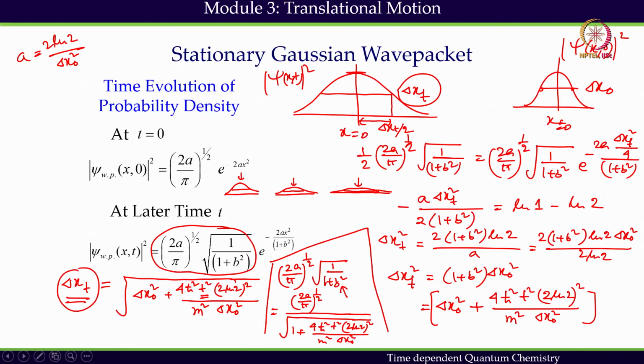What we see here is that amplitude will be inversely proportional with t and width is directly proportional with t. So, as we increase the t, amplitude will go down slowly and its width will slowly increase. So, that is the basic idea of stationary Gaussian wave packet motion.